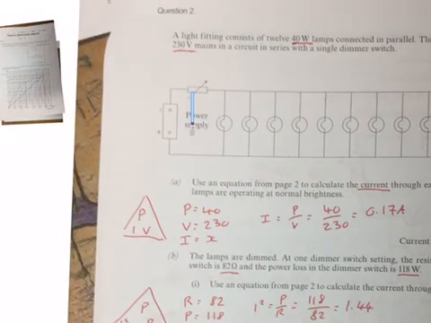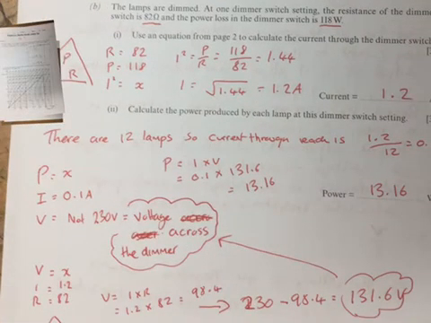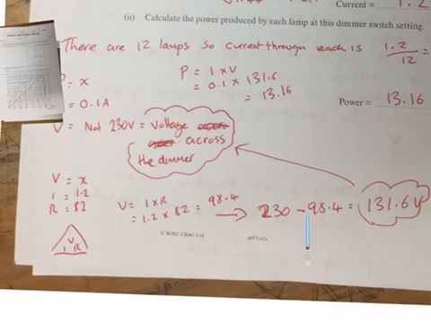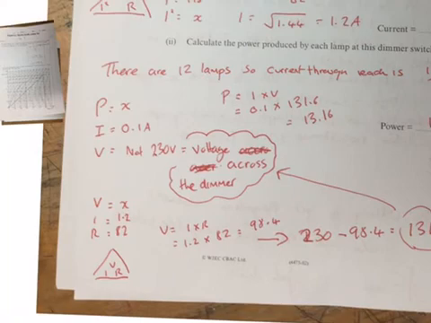I alter this resistance, so I need to minus whatever was lost from my 230. So I've just found 98.4. 230 minus 98.4 is going to give me 131.6 volts.